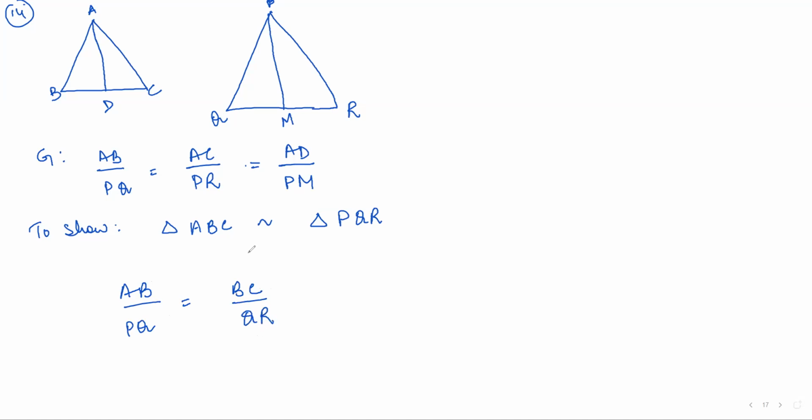And here it is AB by PQ, but not BC. The AC side is proportional to PR. This side is not given here. In that question, this side was proportional to this side. But here in this question, this side is given and this side is given. Got it? That's the difference now.